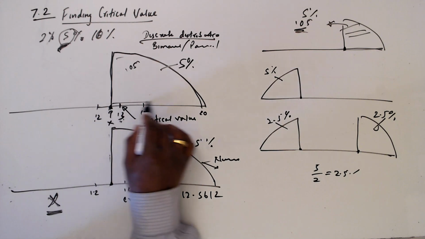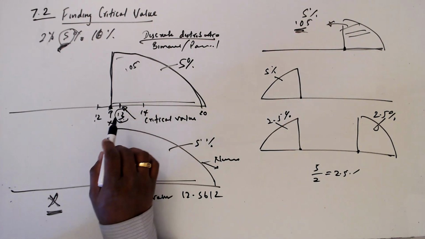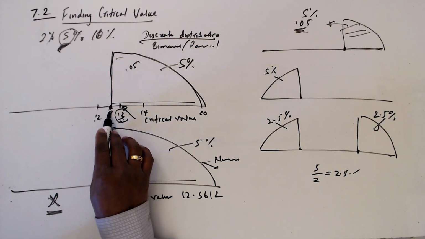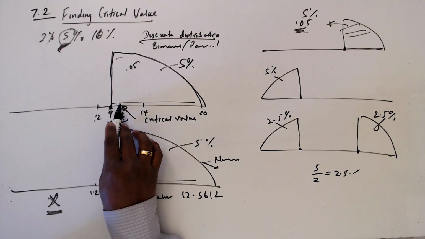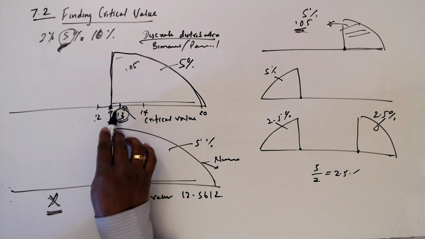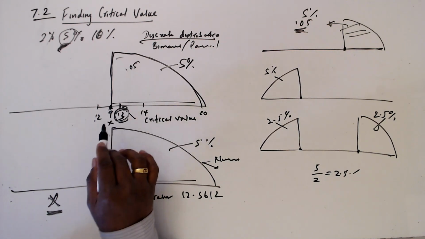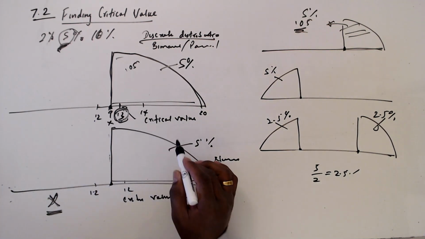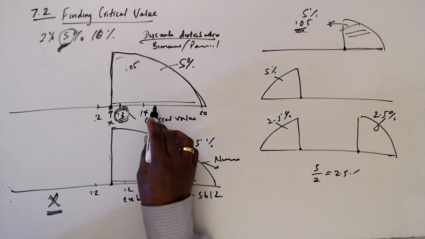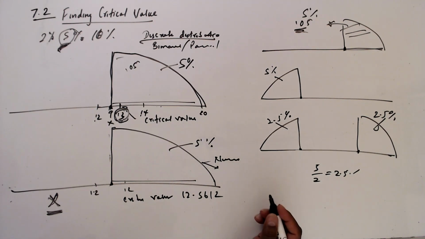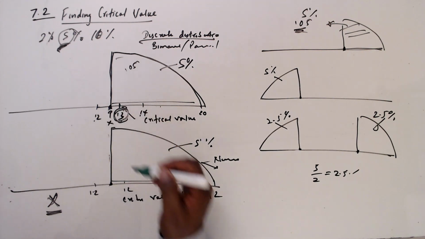Now we know this is the critical region. So according to this, the boundary is here, 12 is more, 13 is less, and 13 is the critical value. The critical value is the first value to fall inside the critical region. So 14 is also a critical value, the second value.